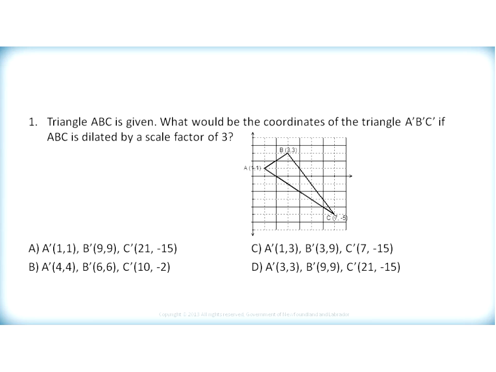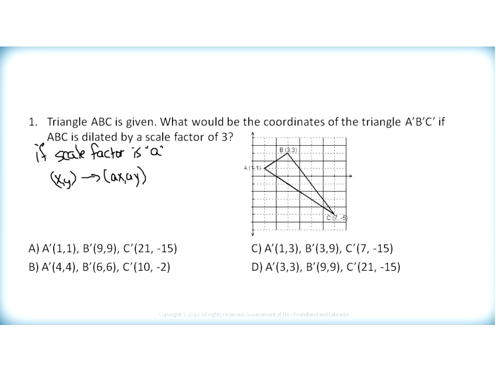Okay, so remember that for any dilation, if we have a scale factor, I'm going to call it A. If my scale factor is A, if I start with the point (x, y), my new point is going to be A times x and A times y.